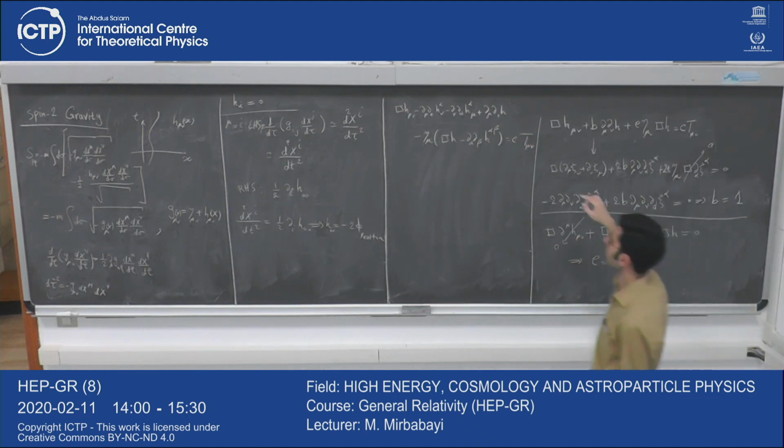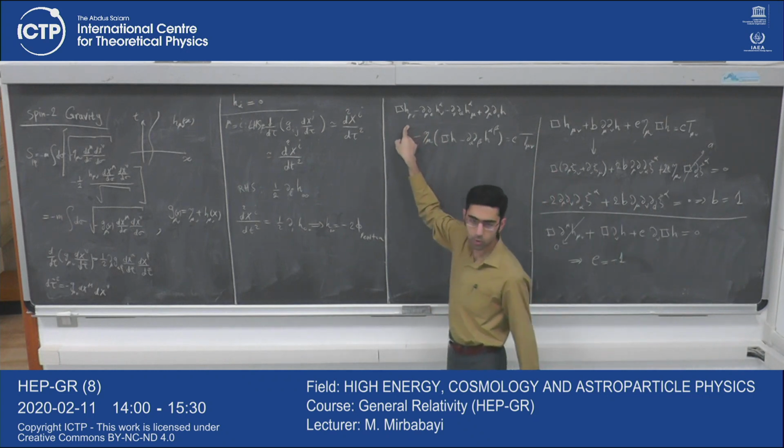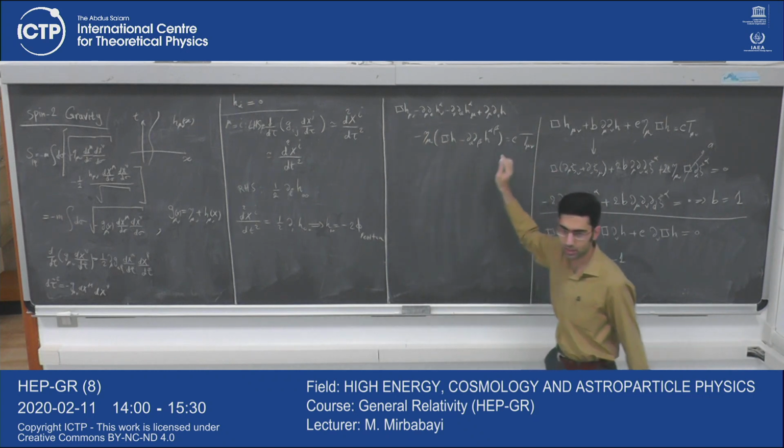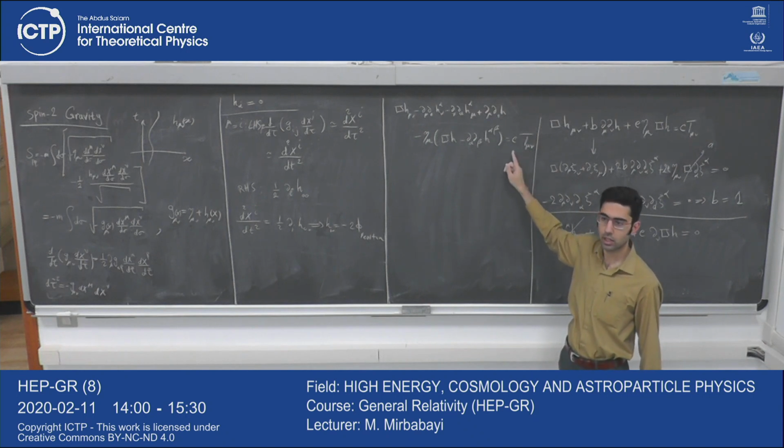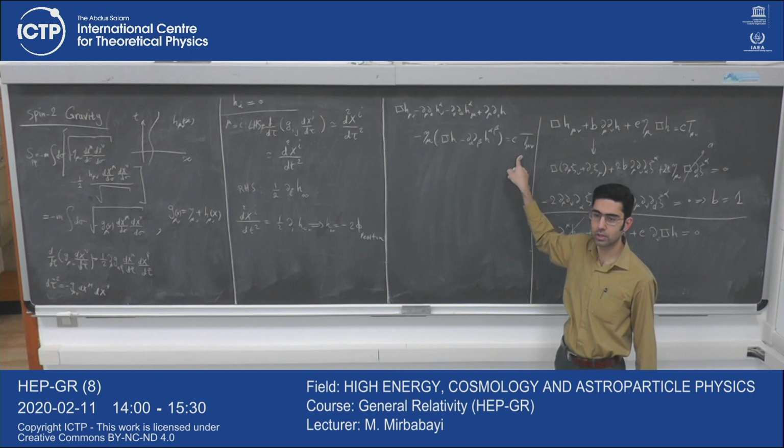And I want to look at the 0,0 component of this equation for clear reasons. I want to take the non-relativistic limit, and in the non-relativistic limit, T_μν is dominated by the 0,0 component, which gives me just the mass density.